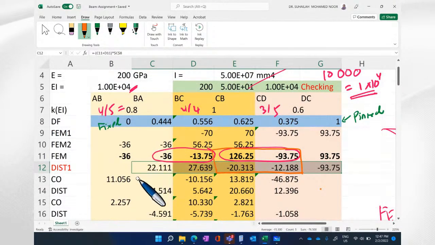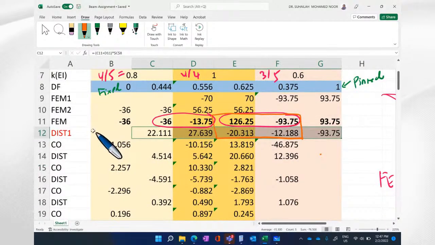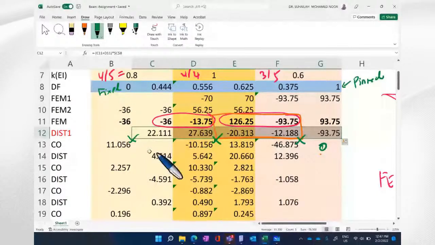The factor is equal to 0.5 for all members except the last one, because the factor for it is equivalent to 0. So we have this and this and this, but this one is equal to 0. The rest we have to divide by 2 or times with 0.5. So we get what we have here.